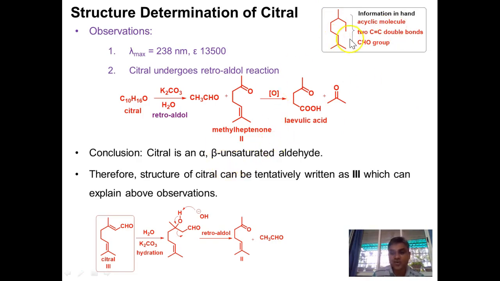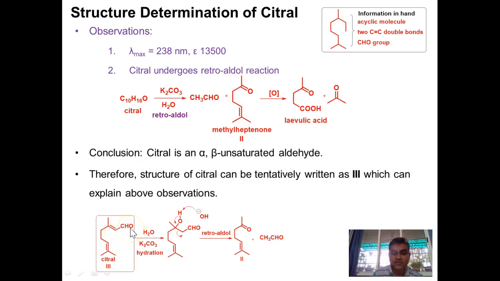On the basis of all these evidences, if we propose this structure of the citral molecule, then one can understand the entire data of this chemical investigation. So this is the structure of the citral molecule. We have reached the structure of citral where we see that there are two double bonds, and in support of that we have made hydrogenation and bromination experiments. Two molecules of bromine were consumed.